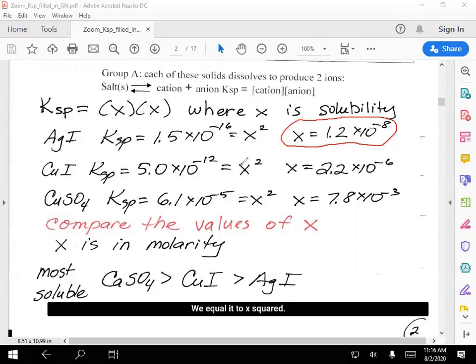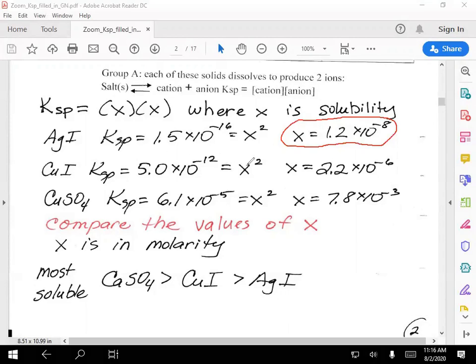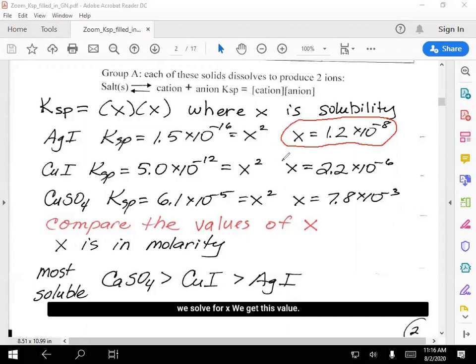We equal it to X squared. We solve for X. We get this value for the X. Our calcium sulfate also fits into this category. We're given the KSP for the calcium sulfate. We equal that to X squared, and we solve for X.